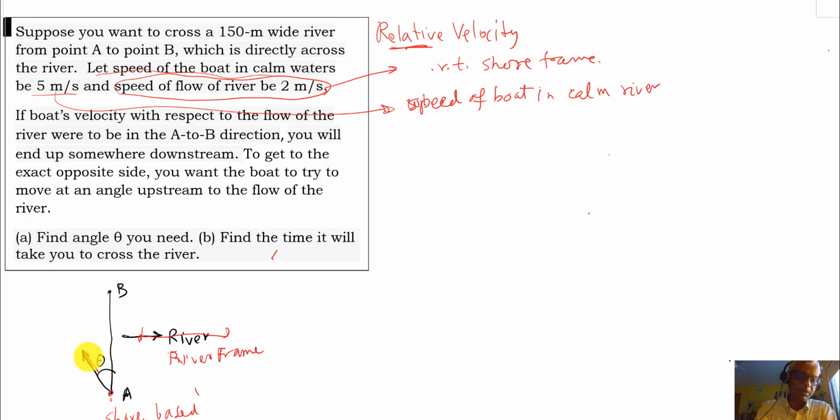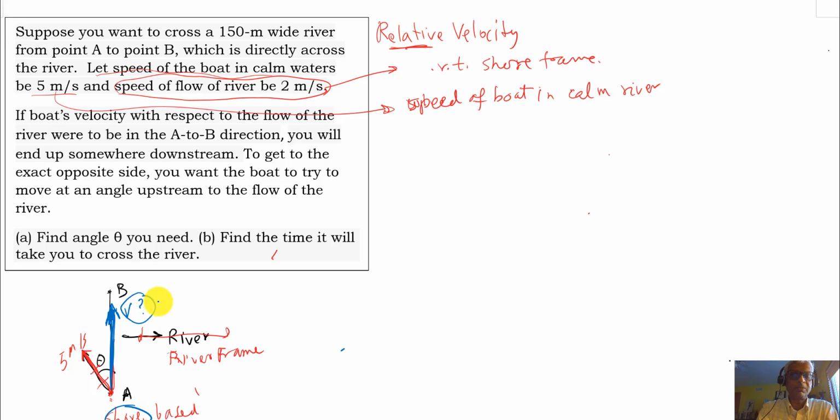So if I point the boat in that direction, it is going to cover 5 meters per second. But I want the boat to go in that direction, right? Now this will be unknown, and I want this speed to be with respect to shore.